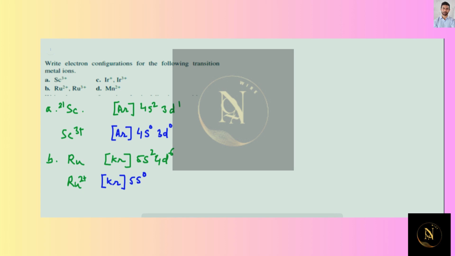And 4d6 will remain same. 2 electrons are removed from the s orbital first. So this should be the electronic configuration of Ru2+.